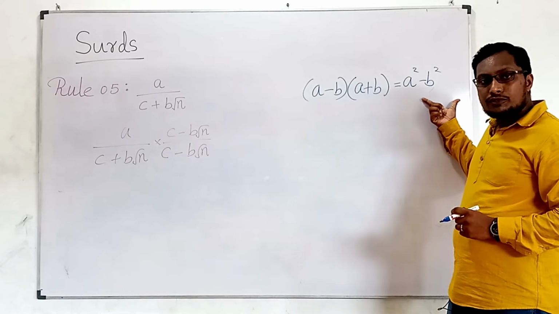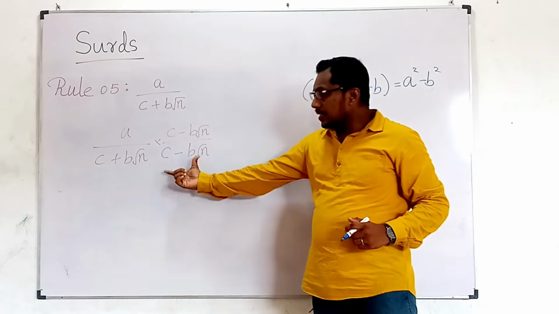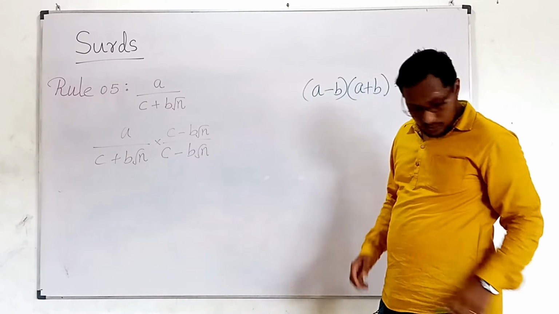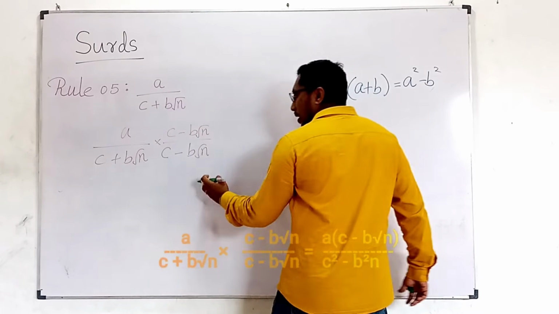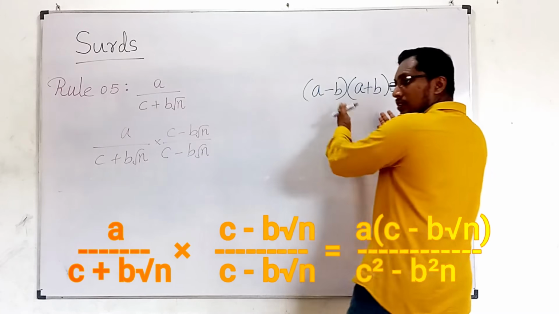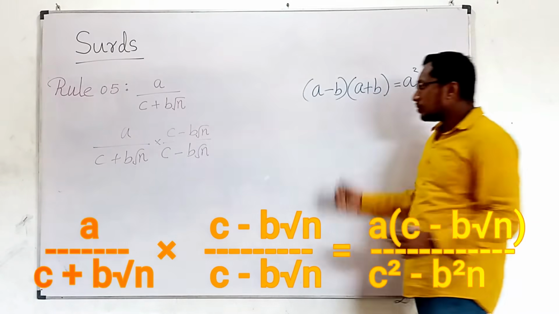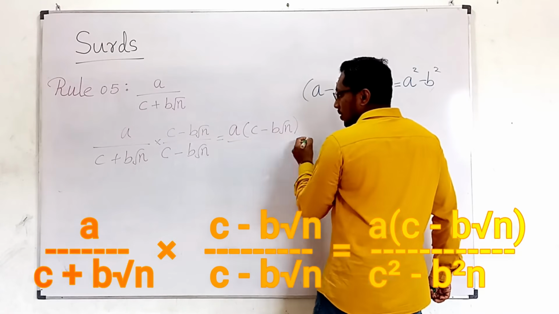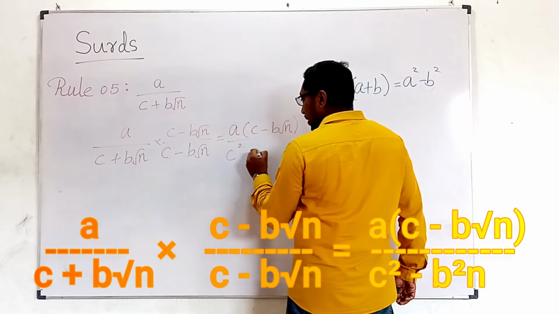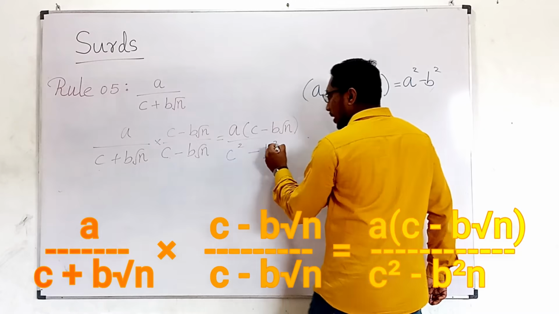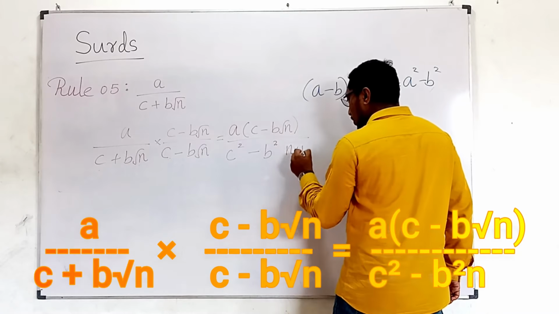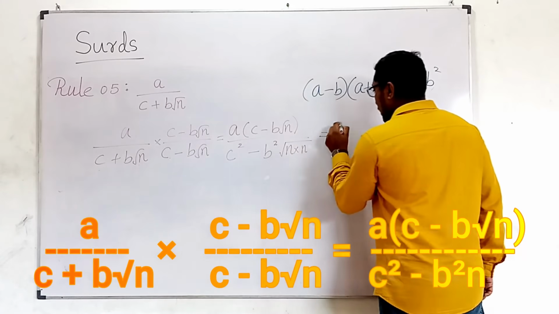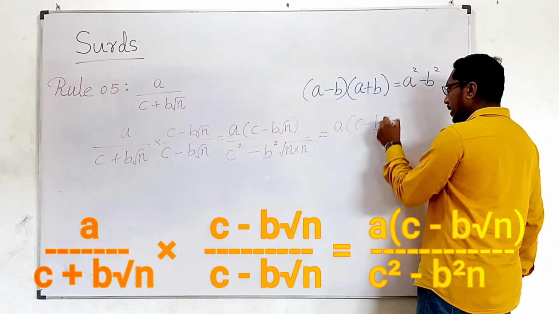So here we can directly apply it. c plus b square root n, c minus b square root n. So it is exactly the same. c into c, c squared, minus b into b, b squared, square root n into square root n, c minus b root n, and in the denominator c squared minus b squared n.